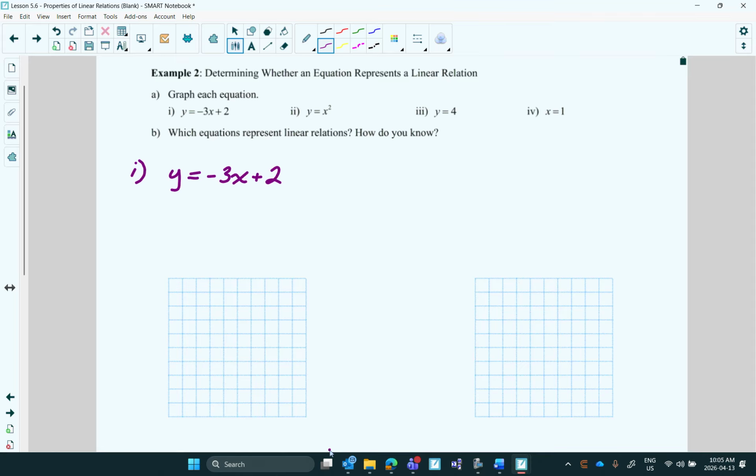You could find the X and Y intercepts. What else could you do? Slope intercepts. Y equals mx plus b. Or if you were stuck, do a table. But either one would be fine, but let's do the slope intercept. So remember, this is the slope. This is the y-intercept.